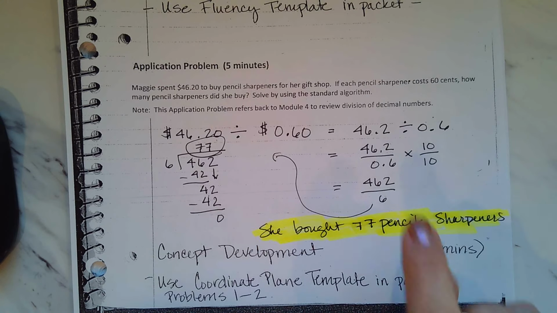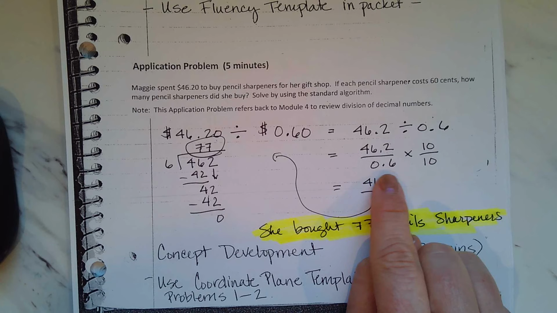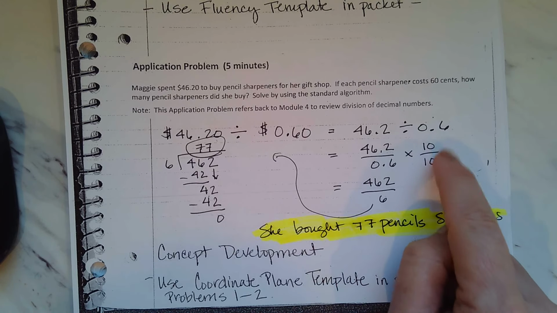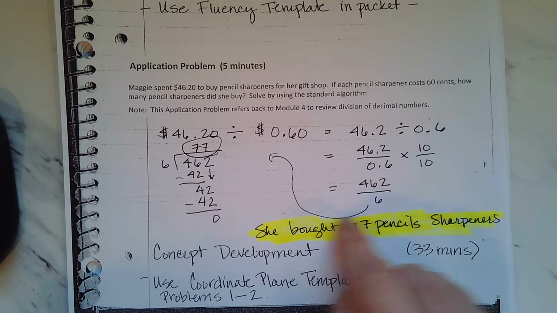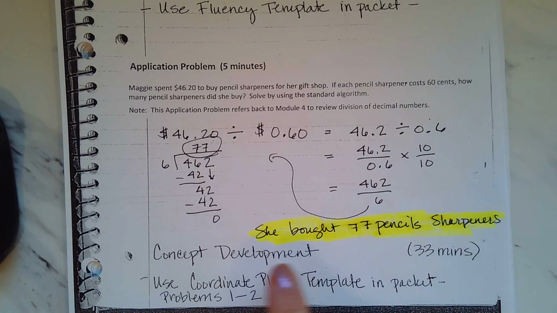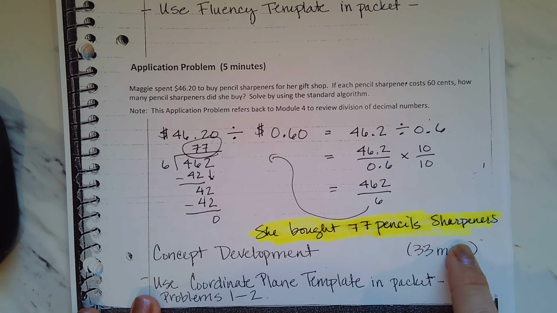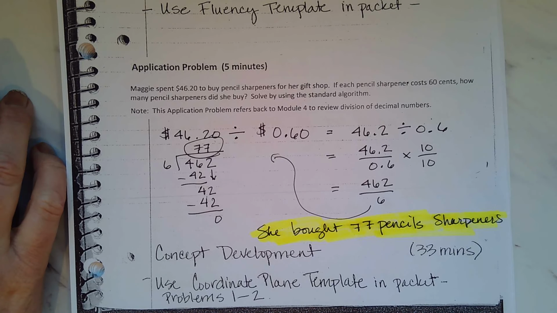Now, did you remember to do this step? 46.2 over 0.6, we're going to multiply by 10 to get rid of the decimal. Then we're simply going to divide. Put it into standard algorithm. We end up with 77. She bought 77 pencil sharpeners. That's it. Hopefully that was a nice little reminder of how to do that word problem.